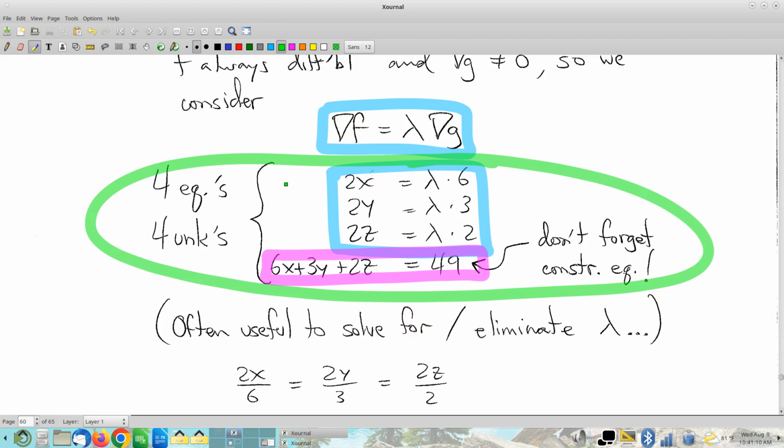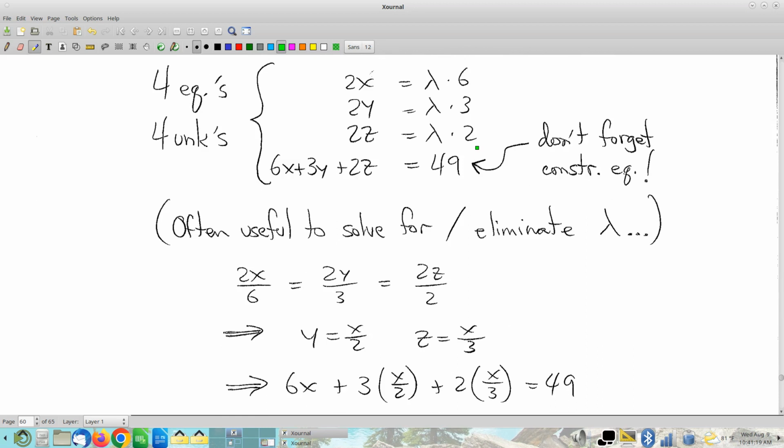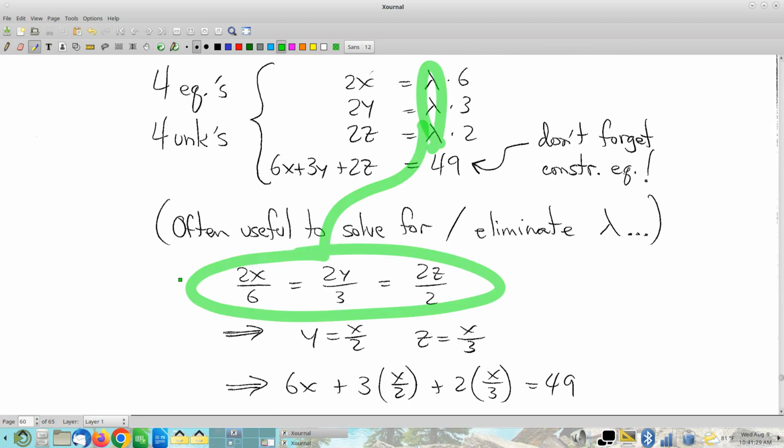Okay. Easy to forget also. So now begins the algebraic fun, and there are different ways that this can break down. Very often, though, what you want to do is solve for lambda. And keep in mind that every formula that you get for lambda is a formula for the same lambda. So if lambda has to equal all 3 of these things, then all 3 of these things have to equal each other.